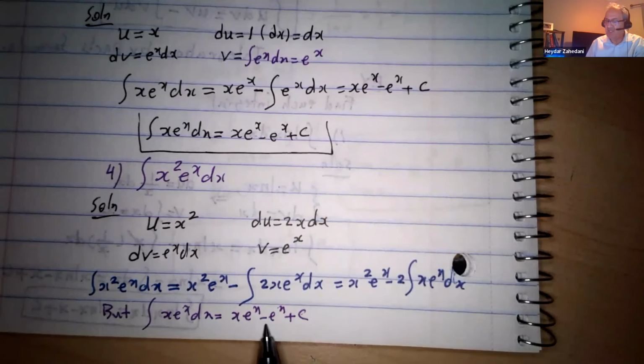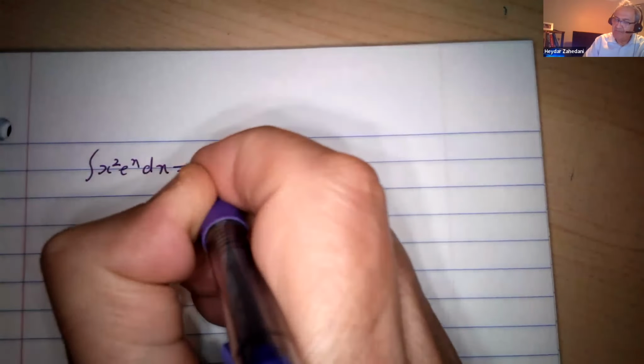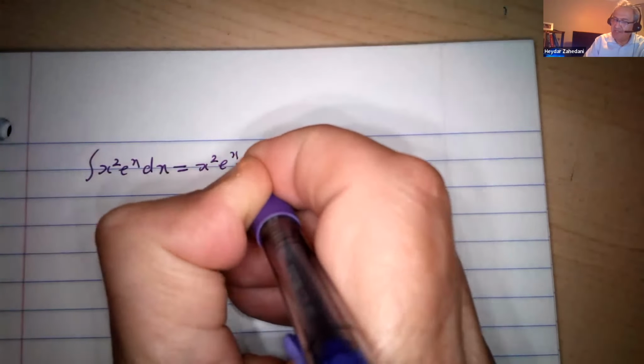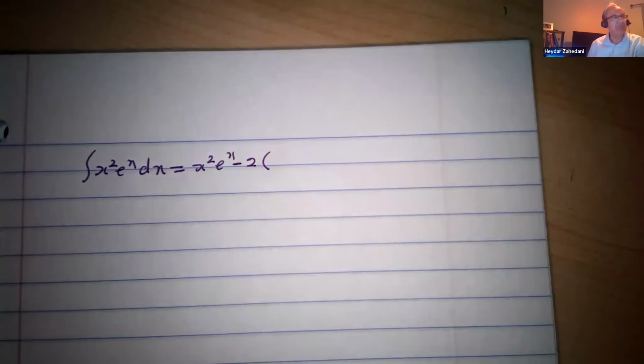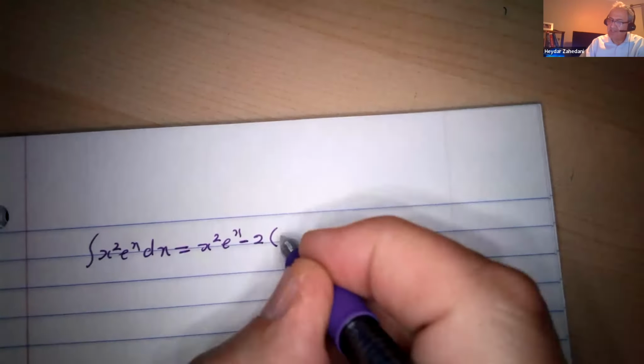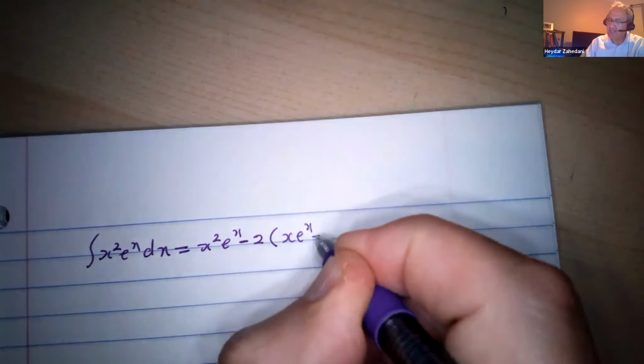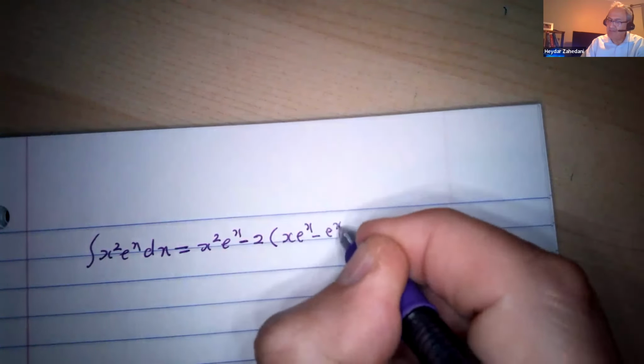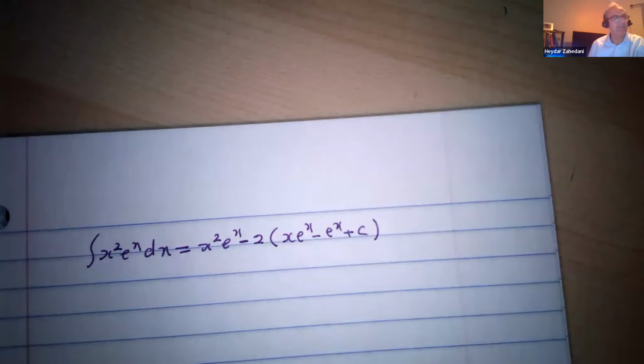Minus 2 times x e to the x minus e to the x plus the constant c.